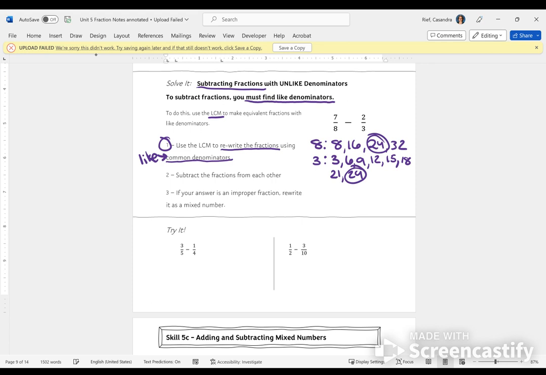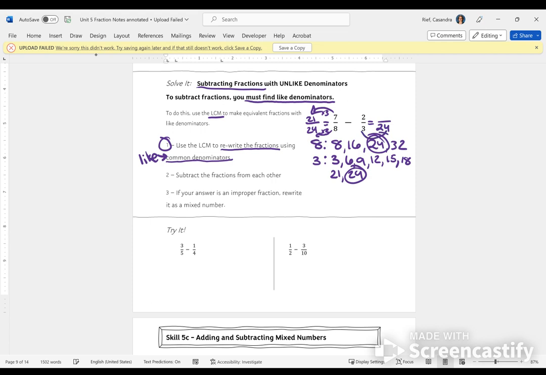So coming up here, I want to turn my fractions into 24ths. I know to do that, I have to multiply my denominator of 8 times 3 to get to 24. So 7 times 3 will give me 21. And over here, I've got my 2/3, and I want to rewrite that as 24ths.